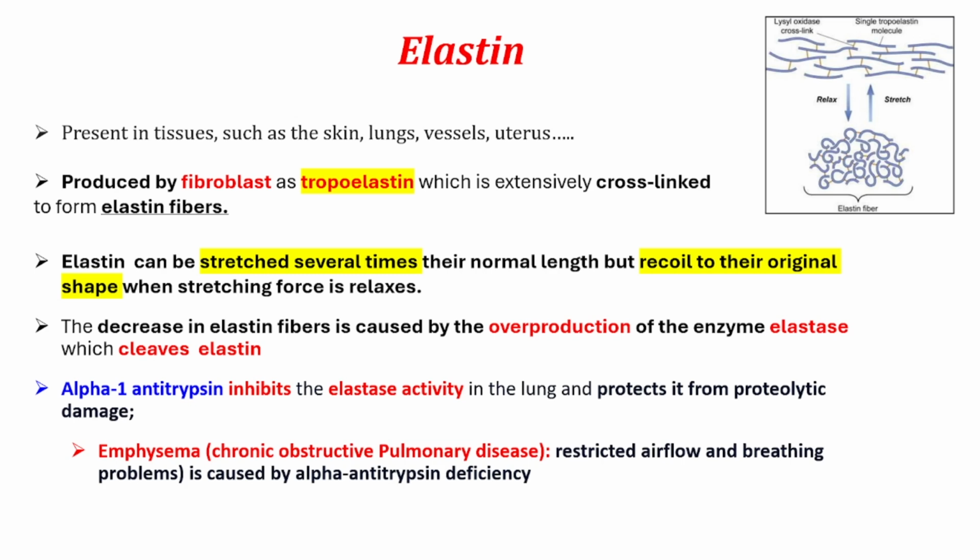So it's a kind of similarity here, all right? And then after, this is my tropoelastin molecule, what you can see here in blue. And same like the collagen, we're going to have a cross-link, which will make the elastin fibers, okay? So the elastin fiber, normally, in terms of structure, we said that the collagen, what kind of structure does it have?